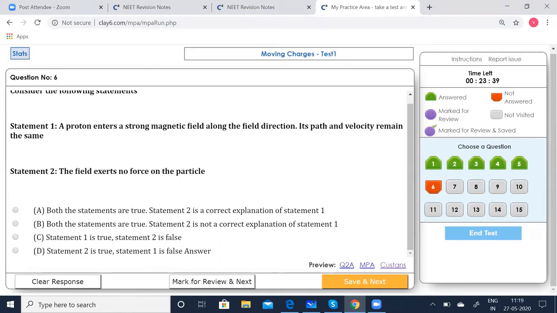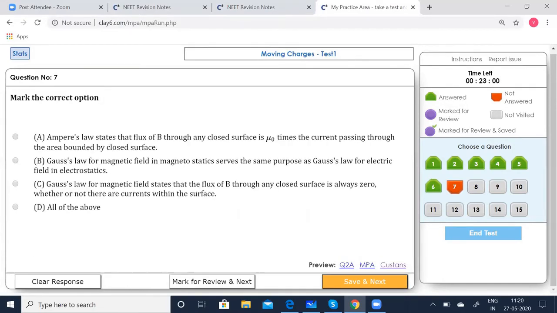So you can say statement 2 is true and statement 1 is false, because we already saw that whenever a charged particle is moving, whether it is a proton, neutron or electron, if it is in a magnetic field, it will undergo changes, right? So obviously its velocity and path will change. So statement 1 is false and statement 2 is true. So D is correct. Save that, go to the next.